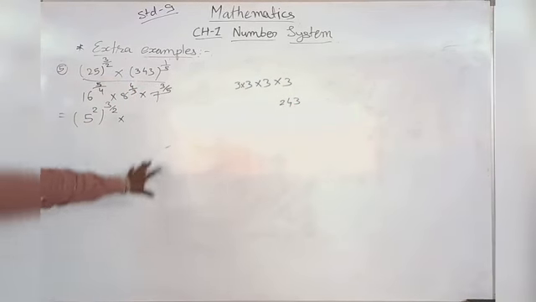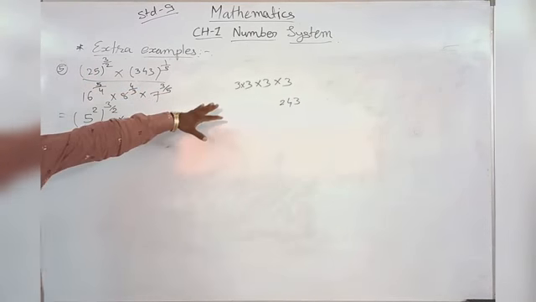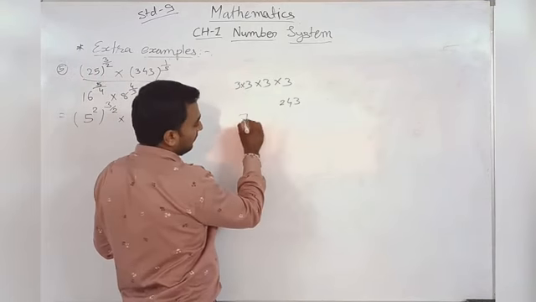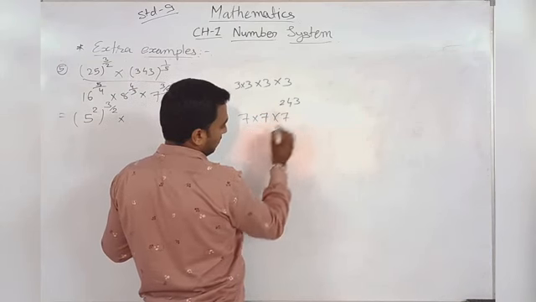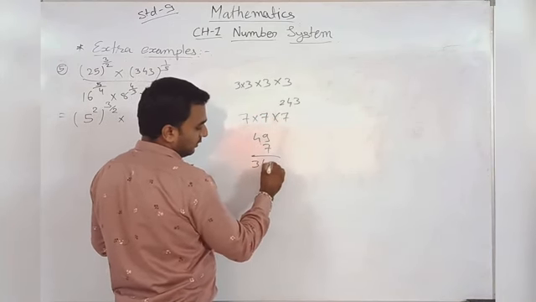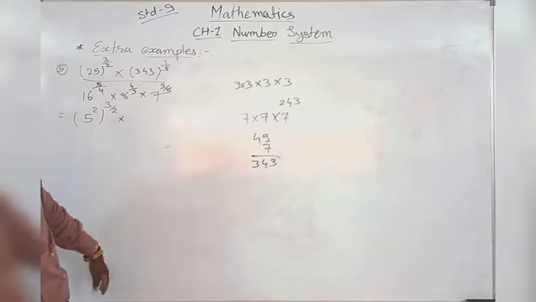So you have to check like this. Then it is not done through 3, so you can check with 7: 7 sevens are 49, 49 sevens, we know that this is 343. Clear? So that's why we took here 7's 3 power.